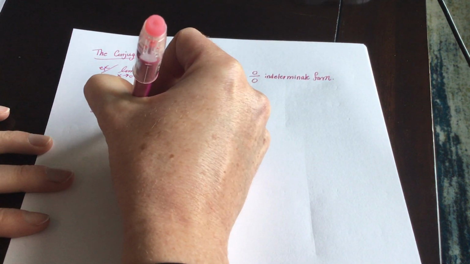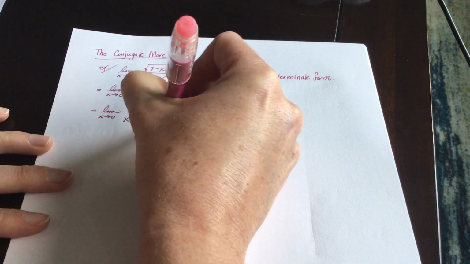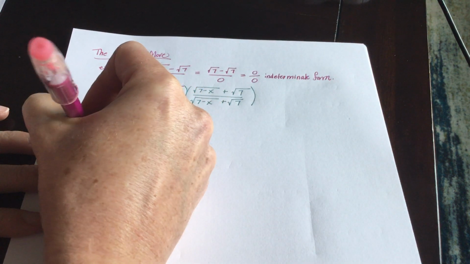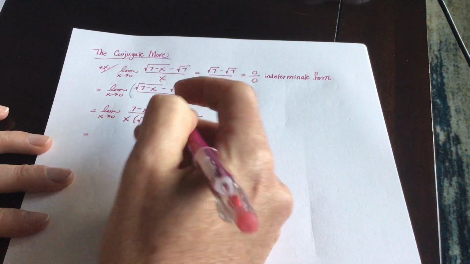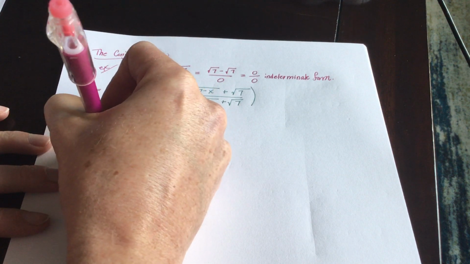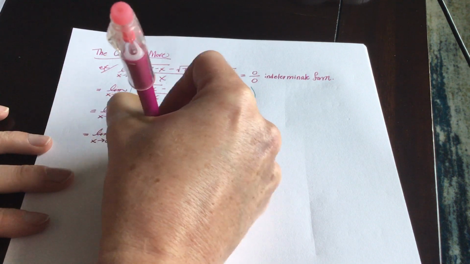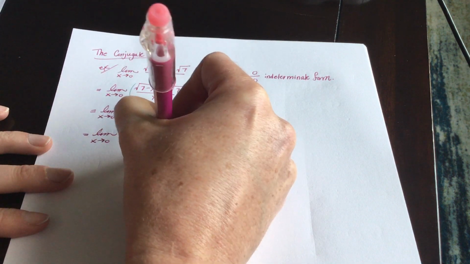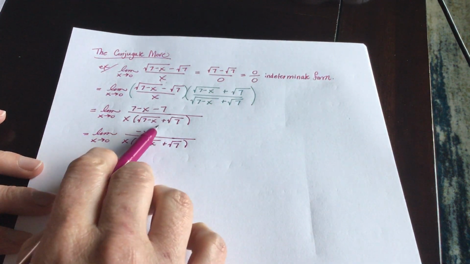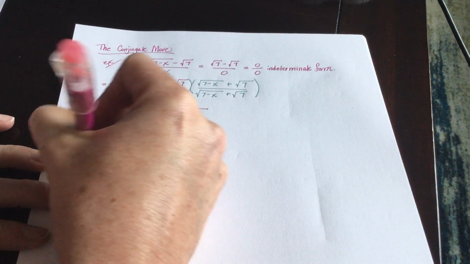Please leave it factored. If you distribute it in, you'll just have to factor it right back out. Because look what's going to happen on the top. The 7s vanish, and you're left with negative x. And now the x's cancel. See why you're glad you left the bottom factored now. So let the x's cancel.